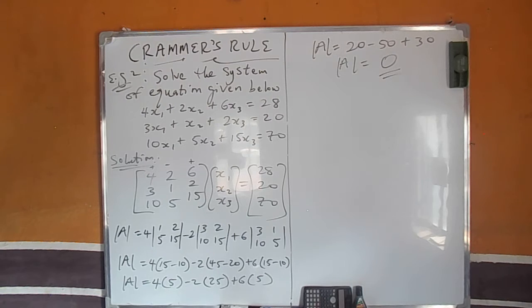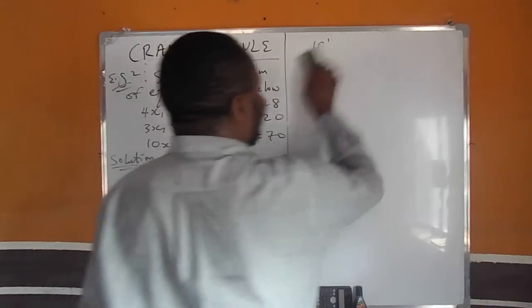So we cannot move further since we have gotten our determinant of A to be 0. If we move further and solve for x1, x2, and x3, our final answer will still be 0, 0, 0. We move to example 3.